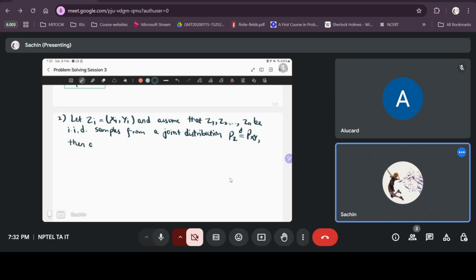Then as n approaches infinity, what is the value of the product of Px of Xi, Py of Yi by Pz of Zi, to the power 1 over n?